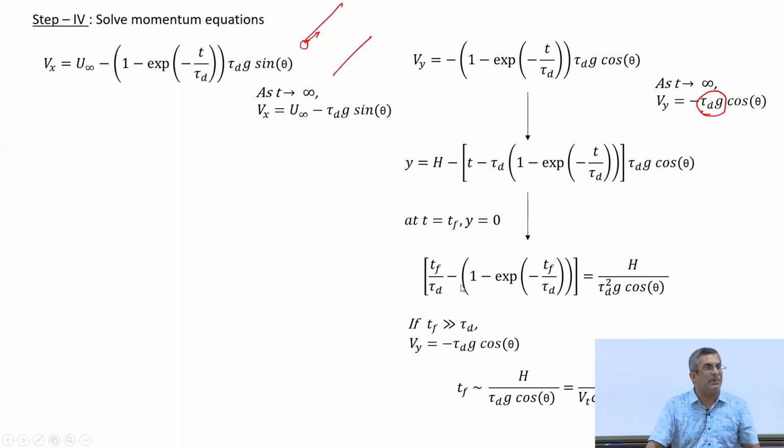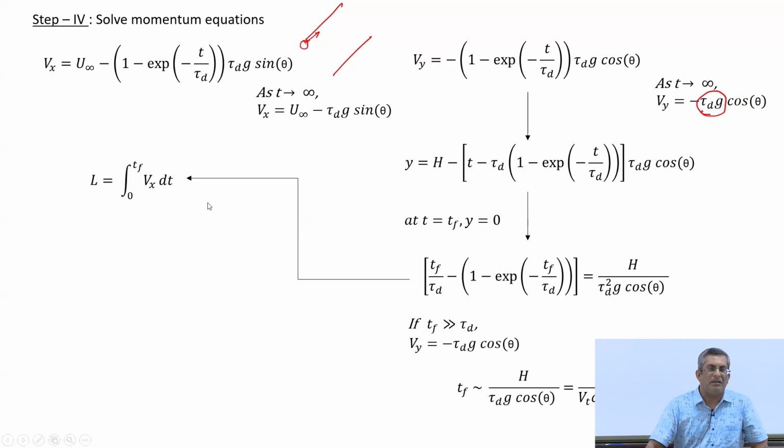What is the next step? From here we solve for this time Tf, and once we know the time, we can integrate the x component of velocity from 0 to this time, and then you get this simple expression.